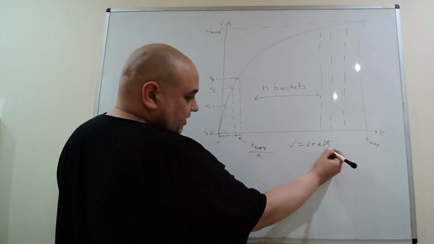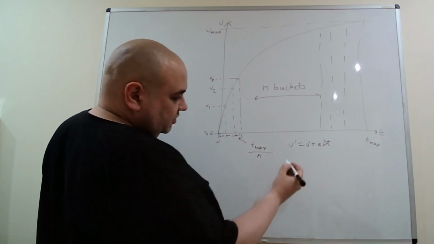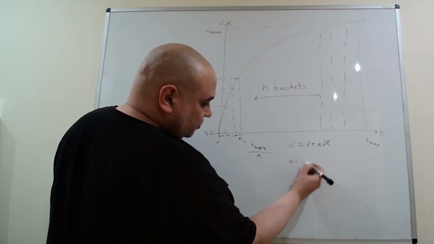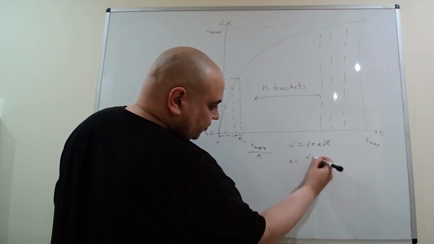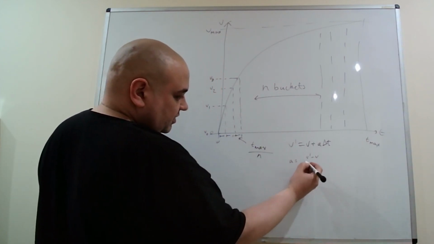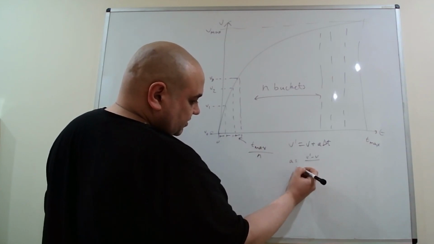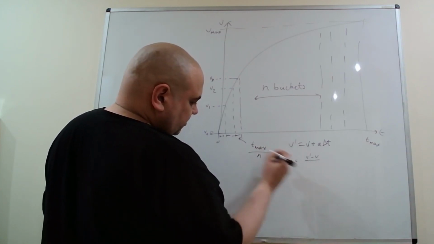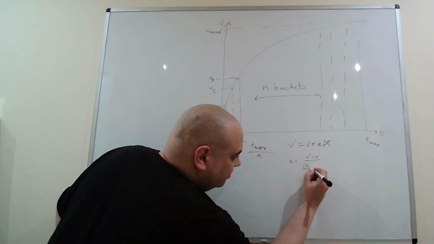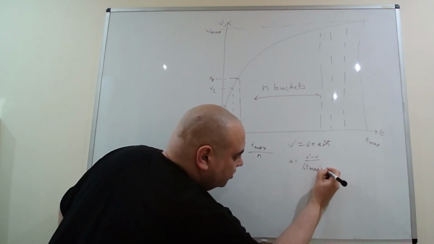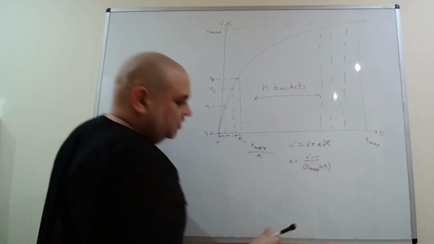That's our delta t. And we can say the acceleration is equal to the new velocity minus the old velocity divided by time step. So in this case, it's going to be Tmax over n. Let's go like that as a divide sign, for simplicity.